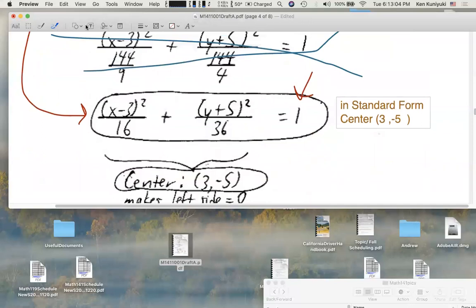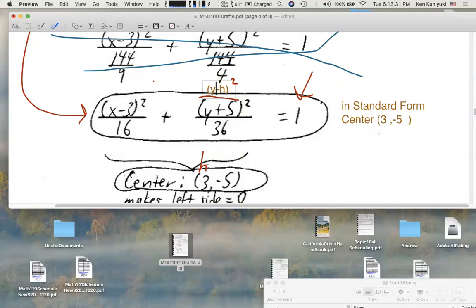Another way of looking at that, the top here, you look at the x minus 3 is of the form x minus h all squared, where h is 3. Likewise, y plus 5, that's what all squared?